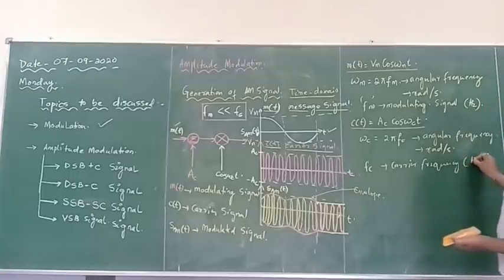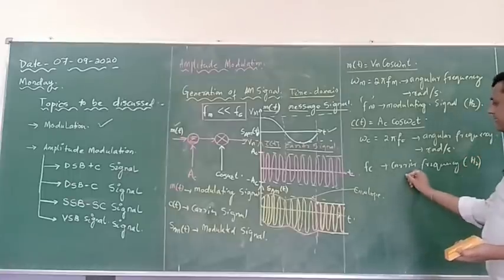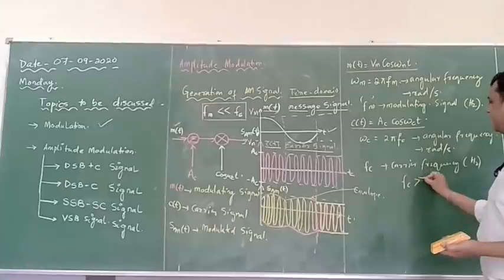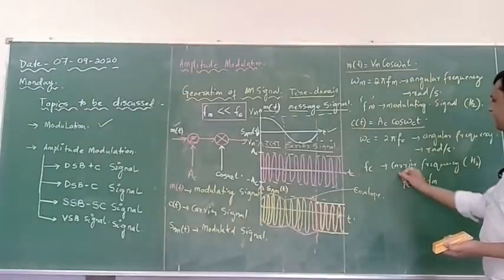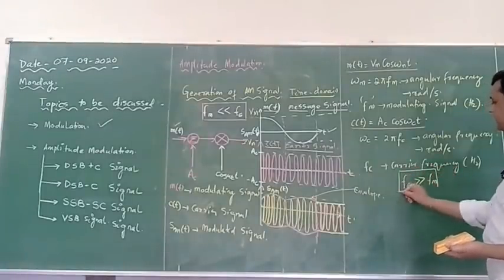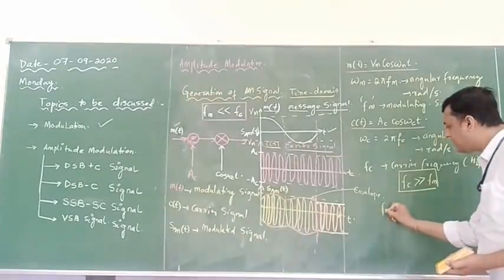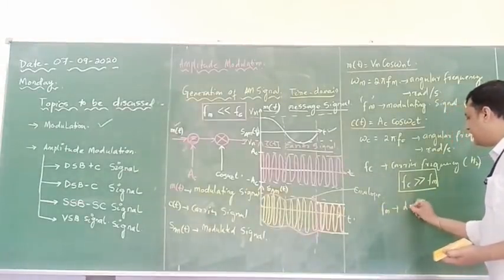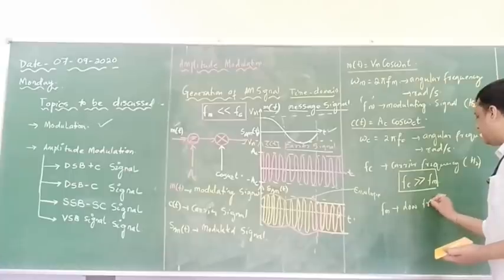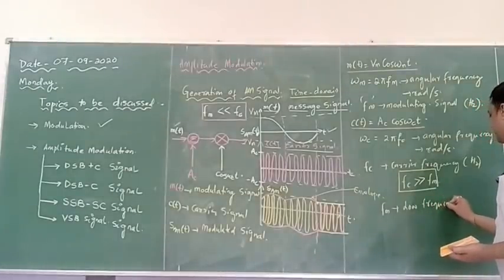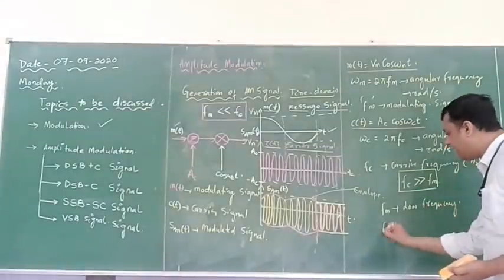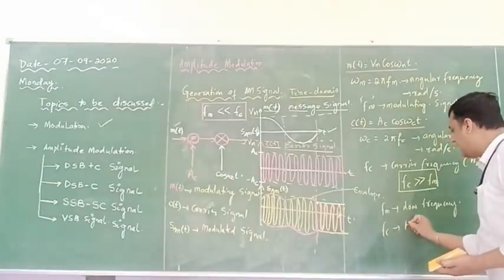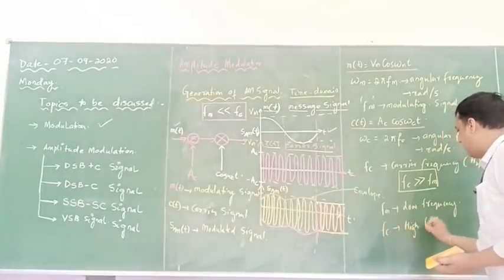Unit is hertz, and the consideration is what? Fc is very much greater than Fm, where Fm is a low frequency component, because the modulating signal is a low frequency component and Fc is a high frequency component.